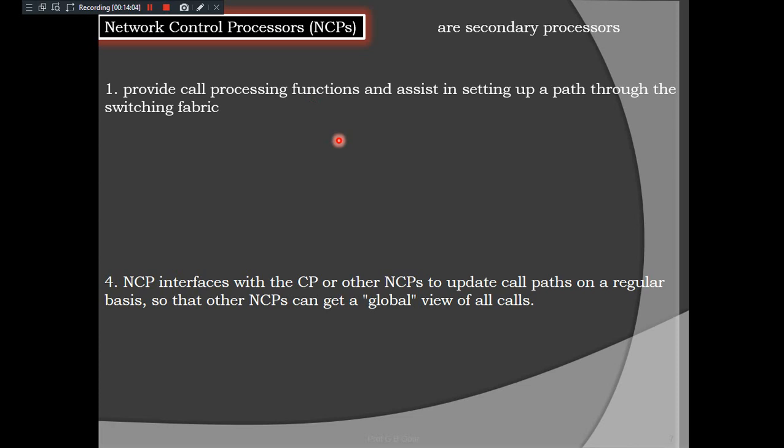Then it will be directed to level 2, that is the NCP, through the interface controller to access the subscriber data there, to decide the features, whether special circuits are attached or not. That will be decided by the LM with the help of the NCP's instructions. So all those things we can explain here. The path will be set up through the switching fabric if it is a new call or a new number you are going to call. Otherwise, the old established shortest path will be accessed from the database kept on the NCP.